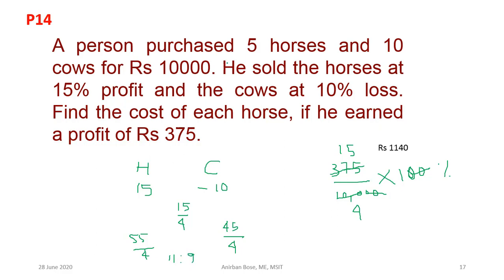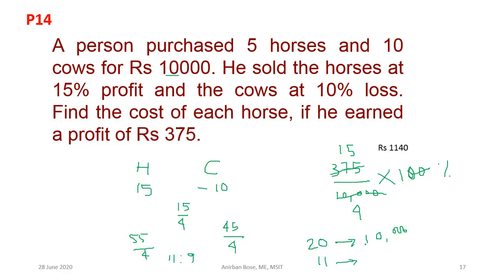So the total amount, you know, is 10,000. So what is the cost corresponding? So 11 plus 9 is 20. So this 20 corresponding to 10,000, right? So what does 11 correspond to?